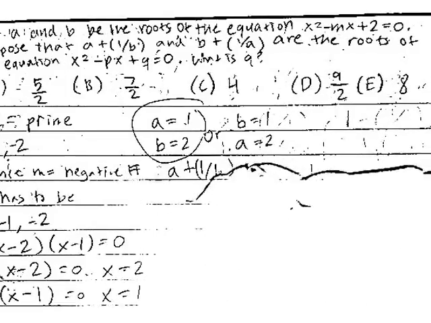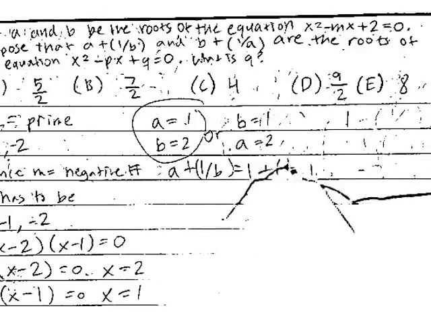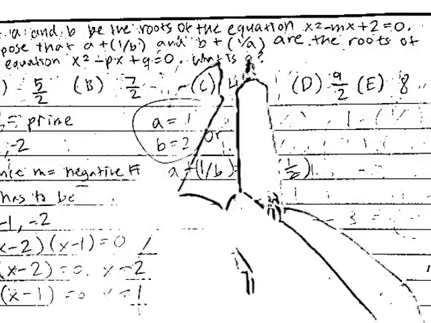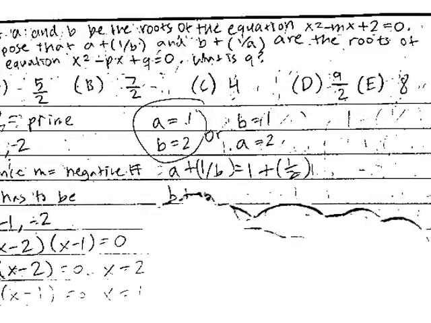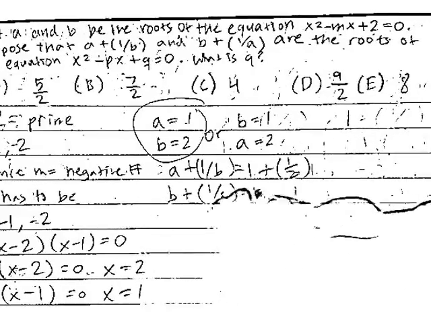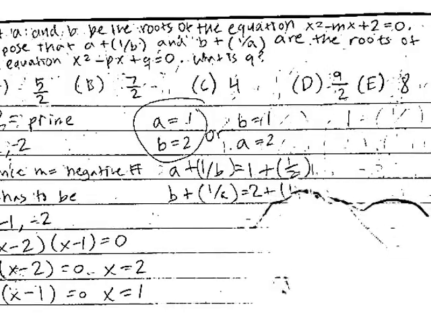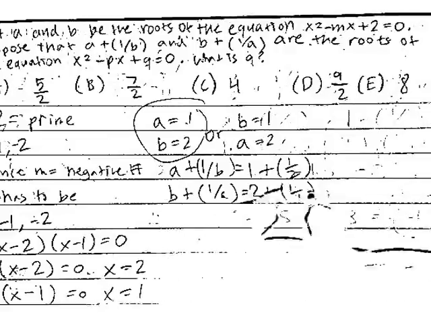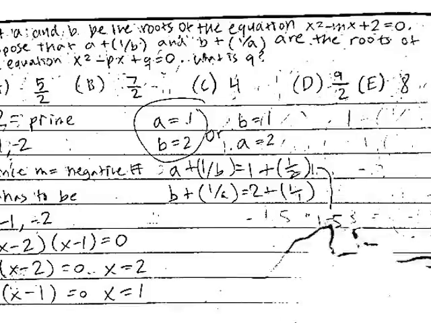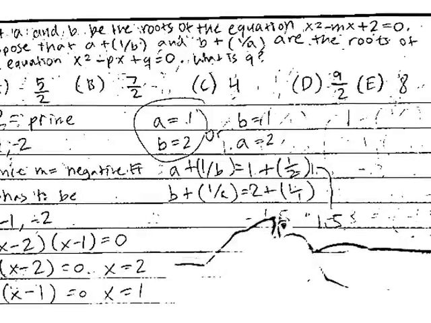So a equals 1, so 1 plus 1 over 2, since b equals 2, and b plus 1 over a, so b equals 2 plus 1 over 1, which is a. If you simplify these, 1 plus a half equals 1.5, and 2 plus 1 over 1 equals 1, so 2 plus 1 equals 3.